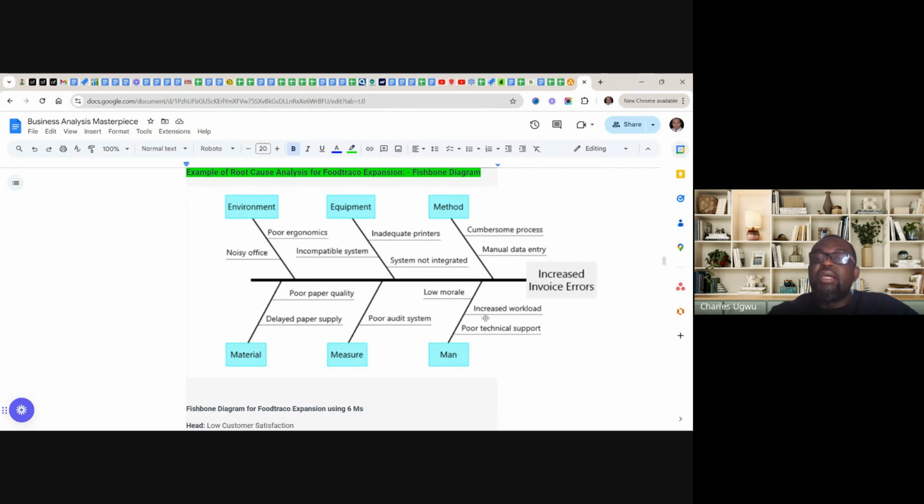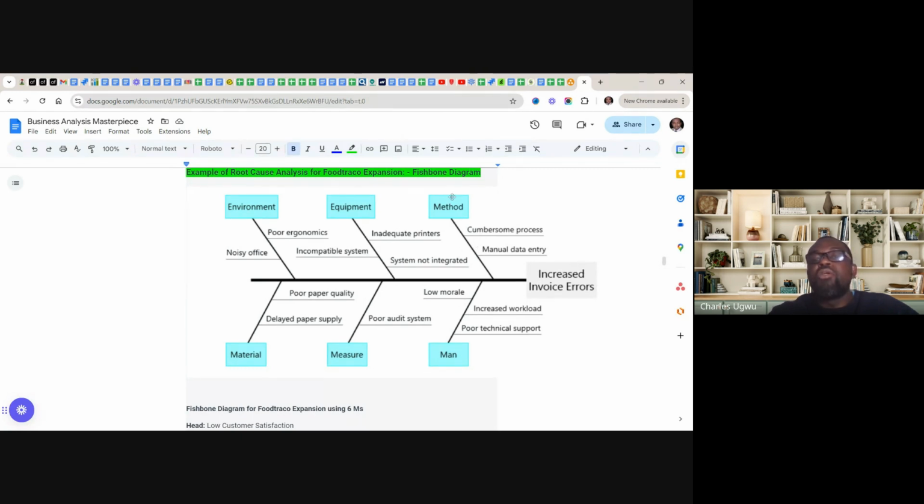Another one is increased workload. It could be that this person has too much workload, is under pressure. Another one could be poor technical support. Could be this staff is not supported technically very well.